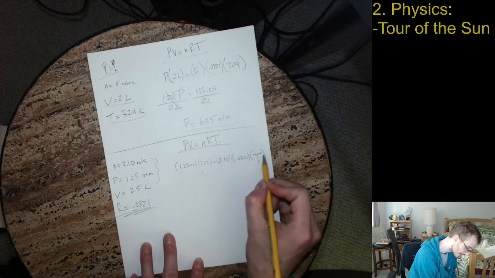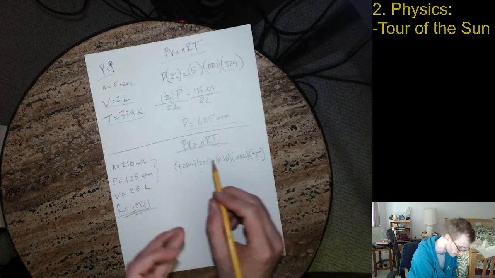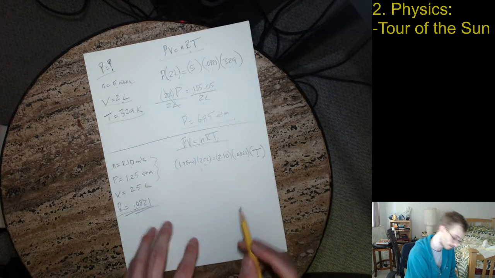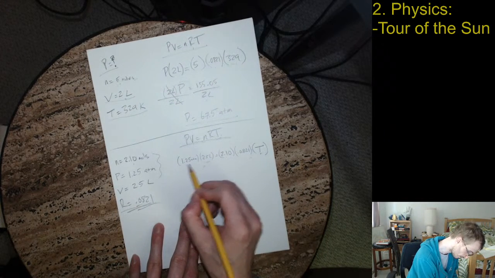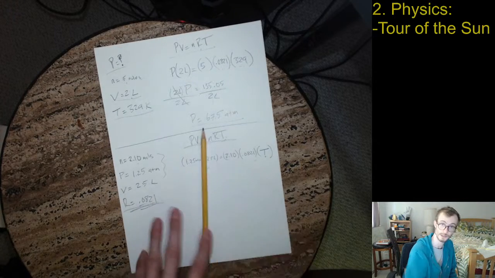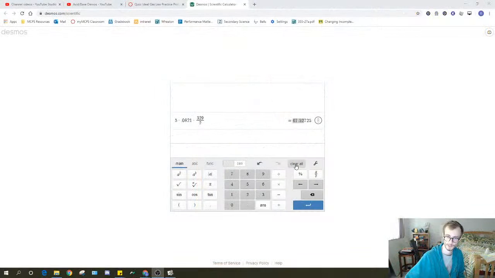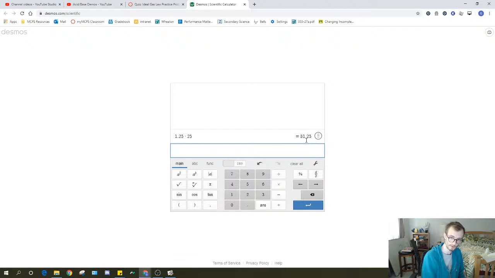So what I need to do is get this T all by itself. So I'm going to do that first by simplifying each side and then dividing, just like we did last problem. So I'm going to do 1.25 times 25. So let me go to my calculator. Clear all. So 1.25 times 25. And that gives me 31.25.